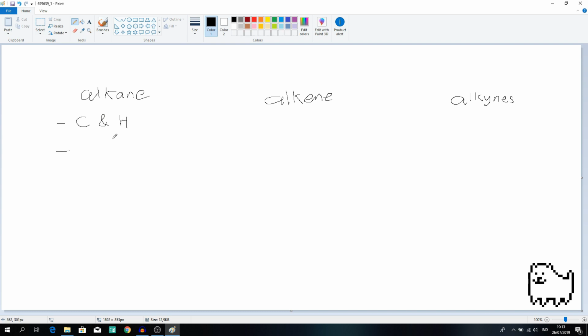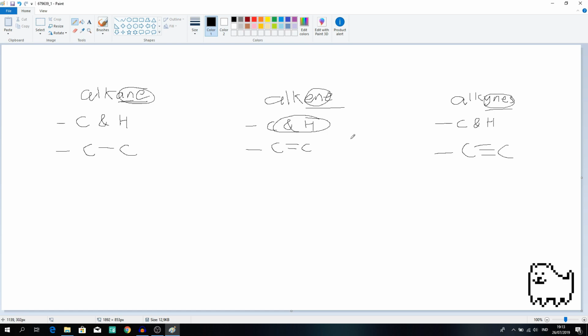For alkanes, these carbons are single bonded with other carbons, while in alkenes it's the same thing, except we have at least one double bond present in whatever CH molecule we have. For the alkynes, we have another CH molecule, but this time with a triple bond. Just pay attention to the back part of each of these words.